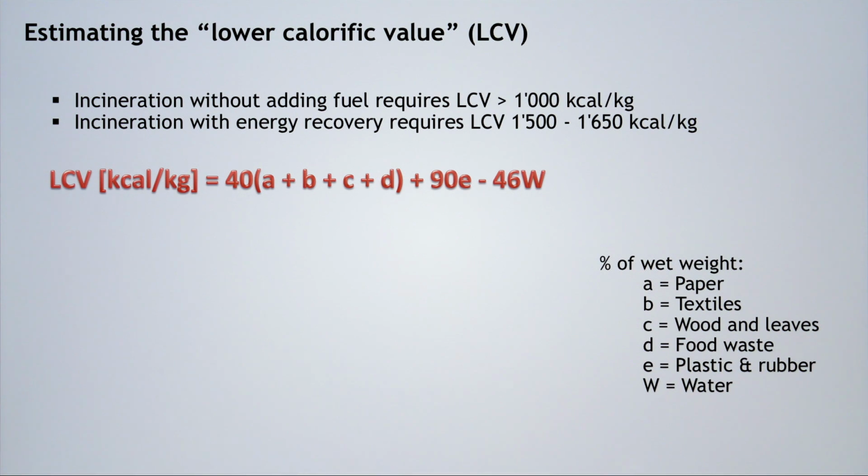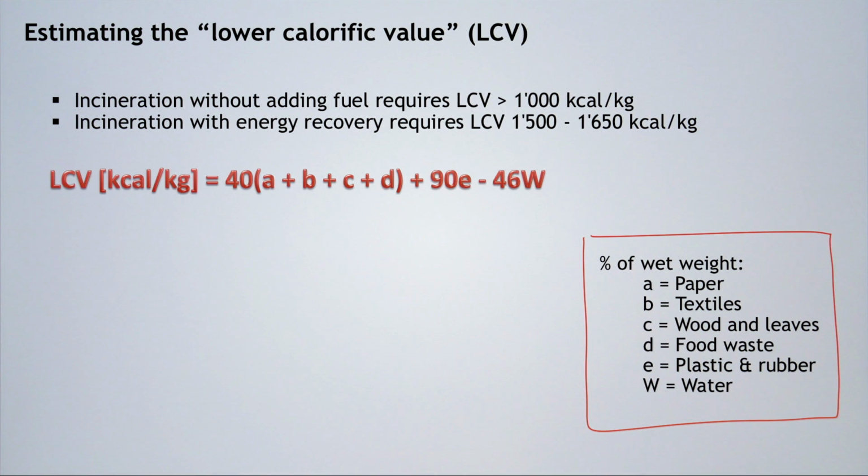Finally, let's look at another property of municipal solid waste, the lower calorific value. This is a very rough formula to estimate the lower calorific value of your waste based on the composition of your waste. What is important is that the result gives us an indication if the waste will burn or not.